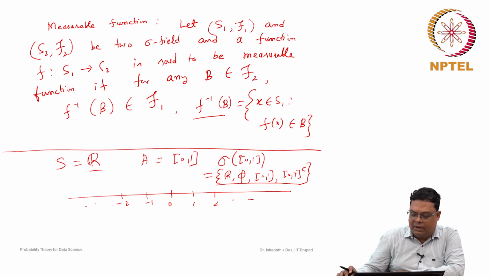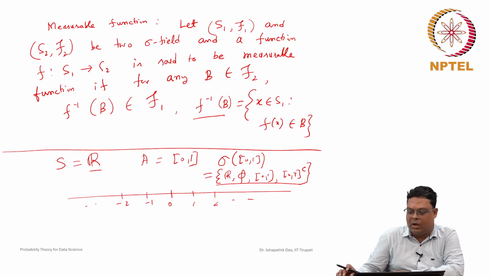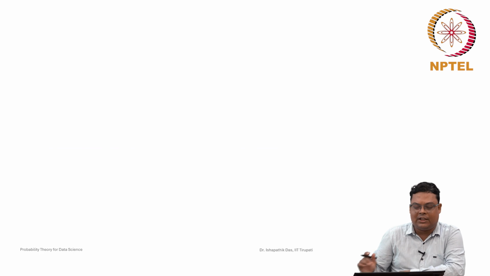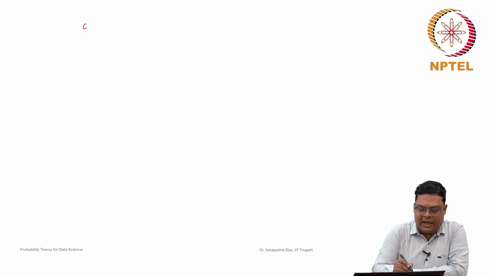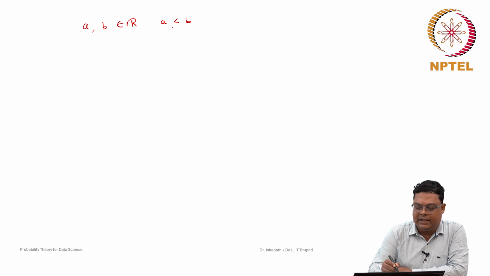Now we need some more subsets of the real line. So let us consider a sigma field generated by, suppose a and b are two real numbers such that a is less than or equal to b.